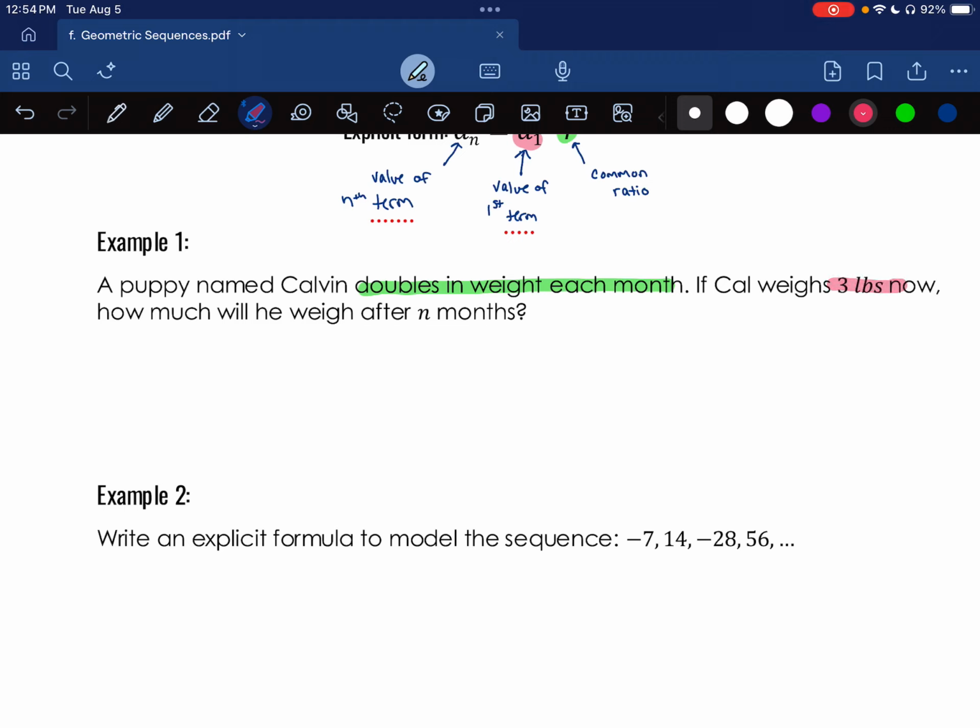We are going to write this explicit formula: a sub n, standing for his weight after n months in time, equals 3, his starting weight, times 2, because he's doubling in size, raised to the n minus 1. And what's really amazing about these explicit formulas is that if I want to know how much Cal will weigh after 27 months, I could plug that number in and figure it out.